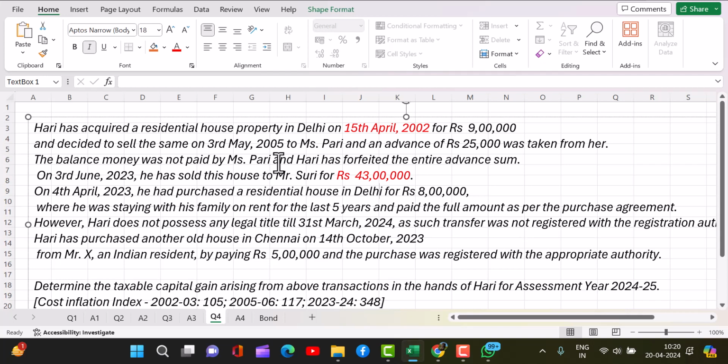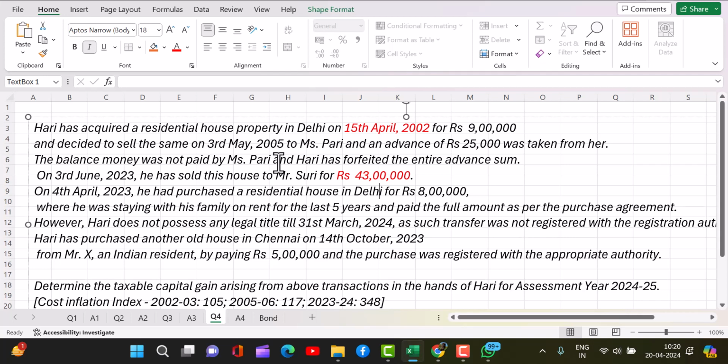And decided to sell the same on 3rd May 2005 to Miss Puri, and an advance of 25,000 was taken from her. The balance money was not paid by Miss Puri, and Hari has forfeited the entire advance sum. On 3rd June 2003, he has sold this house to Mr. Suri for rupees 43 lakhs.